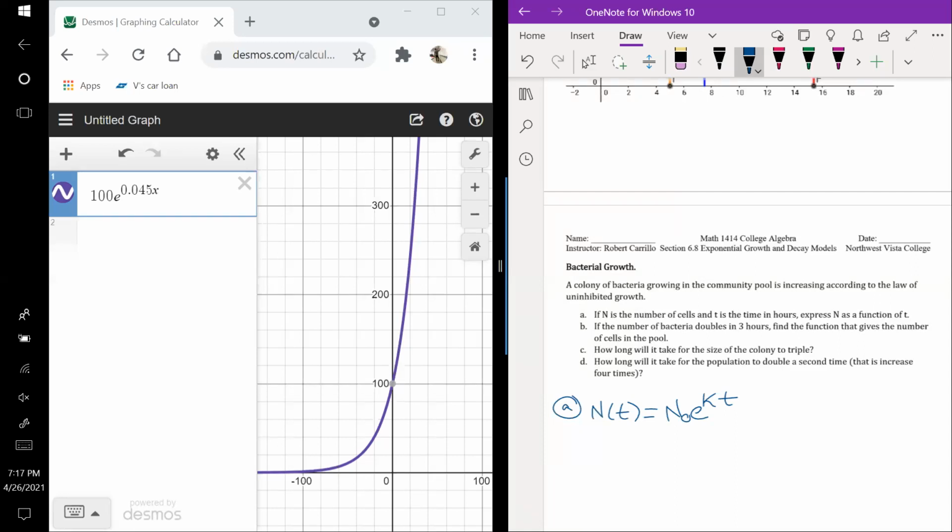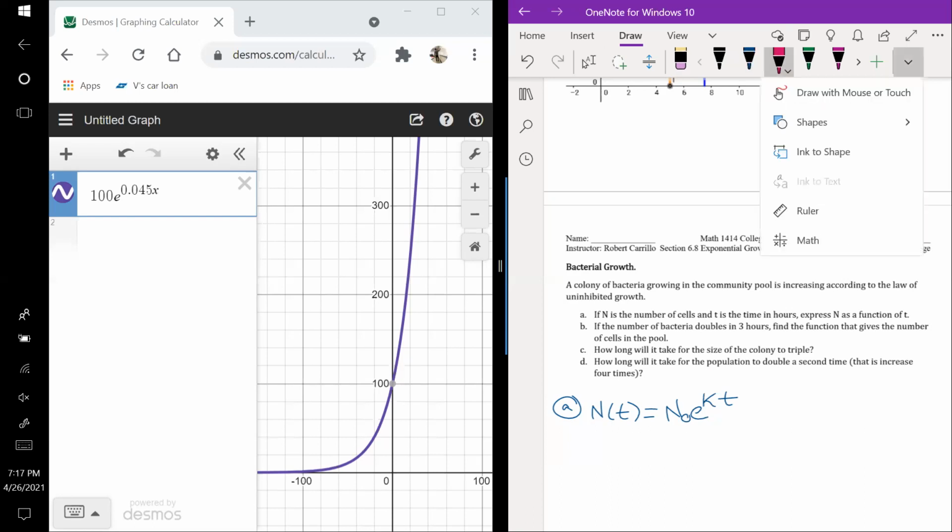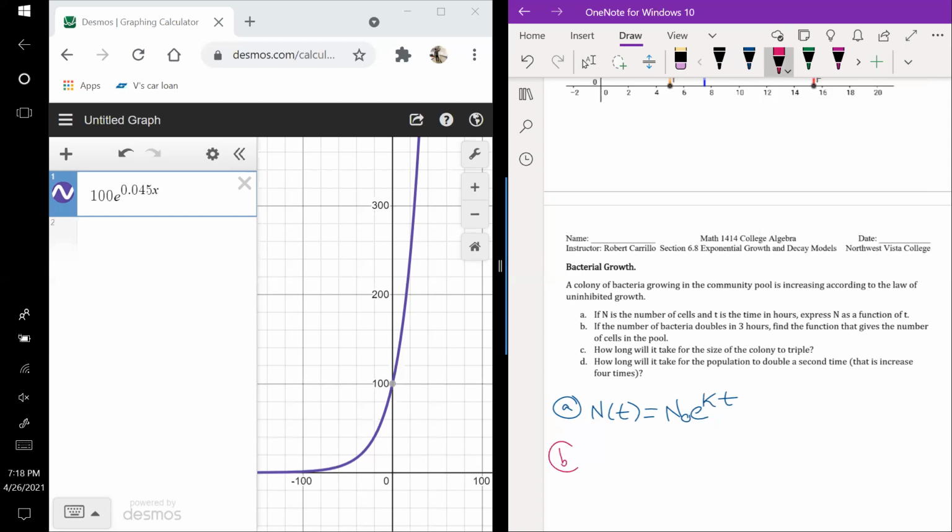Okay. So here they're telling us, so for B, they're saying that the initial population will double in 3 hours. So what they're giving us is that N of 3, so after 3 hours, they're telling us that the population, the initial population, will double. So they're giving us that N of 3 equals 2 times the initial population.